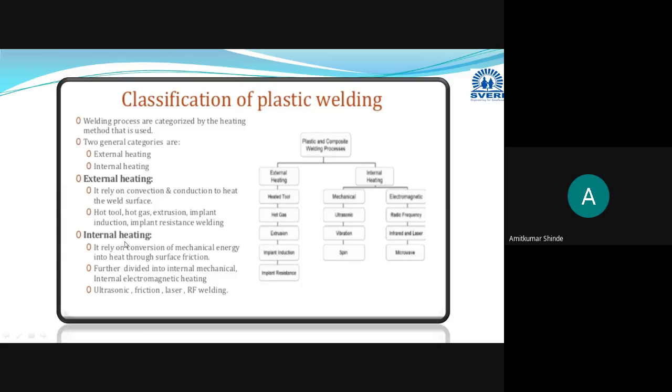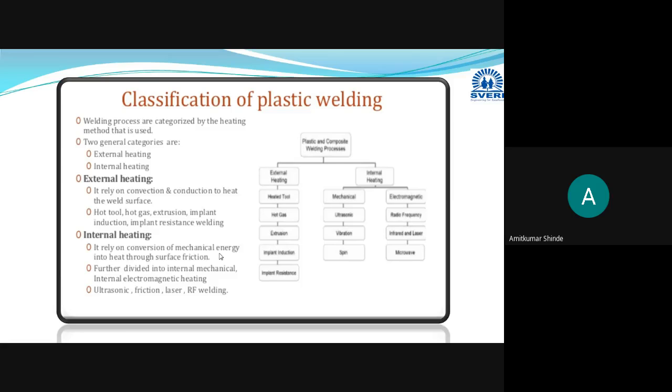Here I have just categorized it depending on the heating medium used. External heating means the heating is done via conduction, and internal heating means the heating is done by conversion of some mechanical form of energy into heat. Some kind of friction may be there.